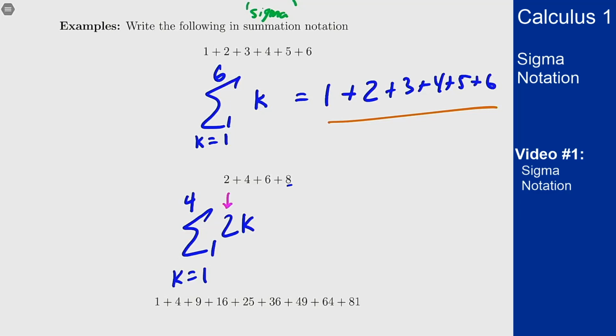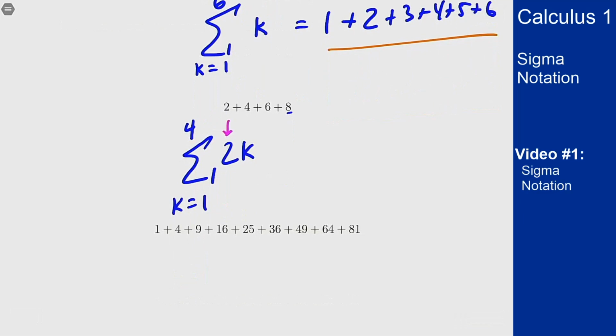What about this last one? 1 plus 4 plus 9 plus 16 plus 25 plus 36 plus 49 plus 64 plus 81. What's the pattern here? Well, these are all perfect squares. So it's 1 squared plus 2 squared plus 3 squared plus 4 squared and so on. Now how do I write that in a sum?